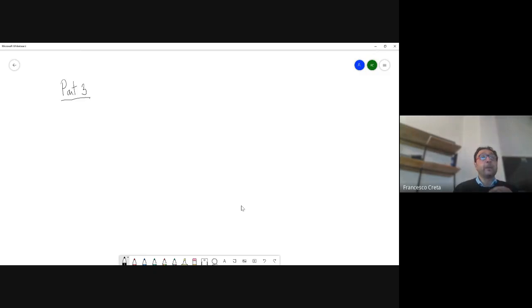Part 3 is essentially reactive flows. And this is the important word here, flow. We're going to try and understand what we mean by reactive flow in general.